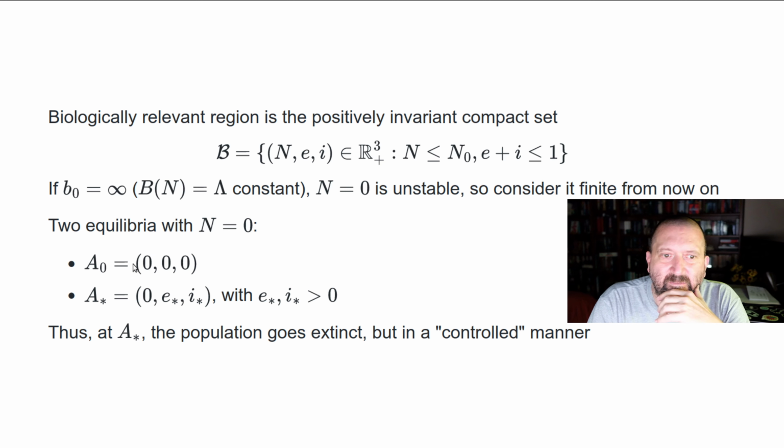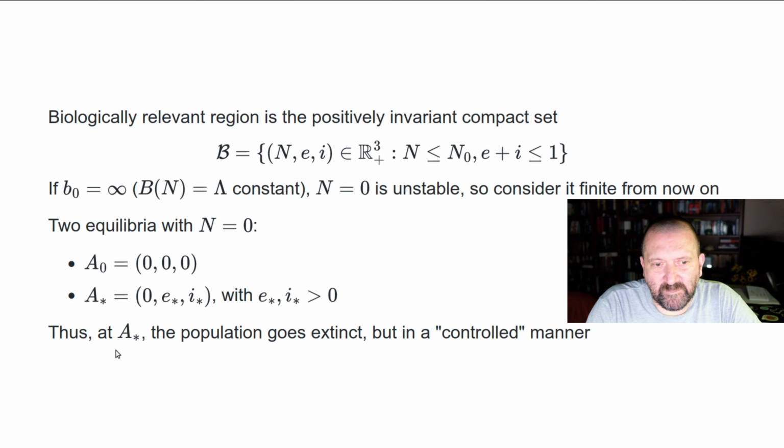And they find two equilibria, one which has everything equal to 0, and another one which has N equals 0 and E and I positive. And remember, these are the proportions of E and I in the population, not the numbers.